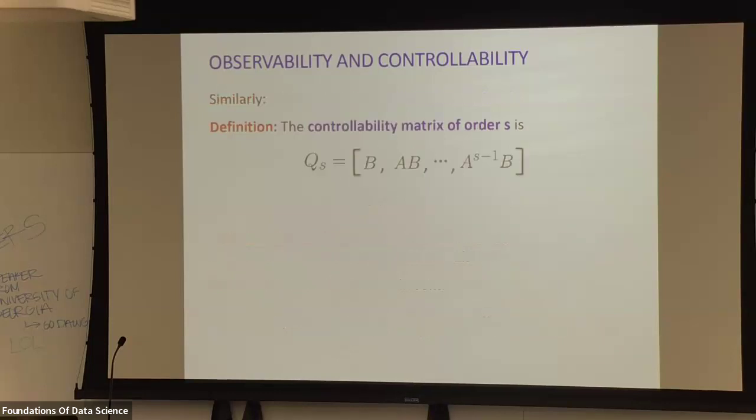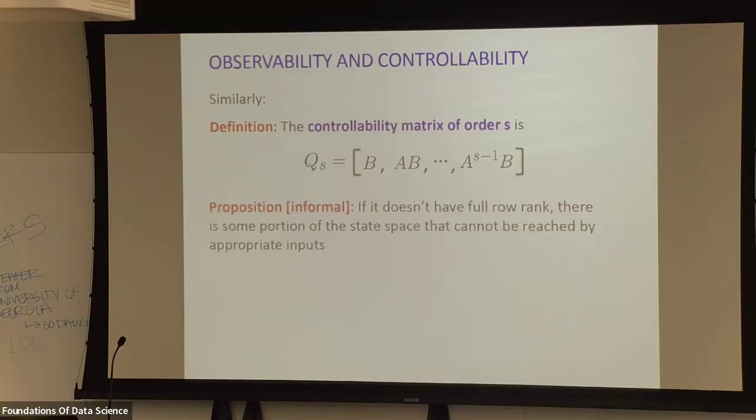And there's a dual version of this too, which works in exactly the same way. I can create another block matrix, which is called the controllability matrix. So this is B, AB, A squared B, and so on. And if this matrix does not have full row rank, what it means is that there's some portion of the state space that the control cannot push me in.